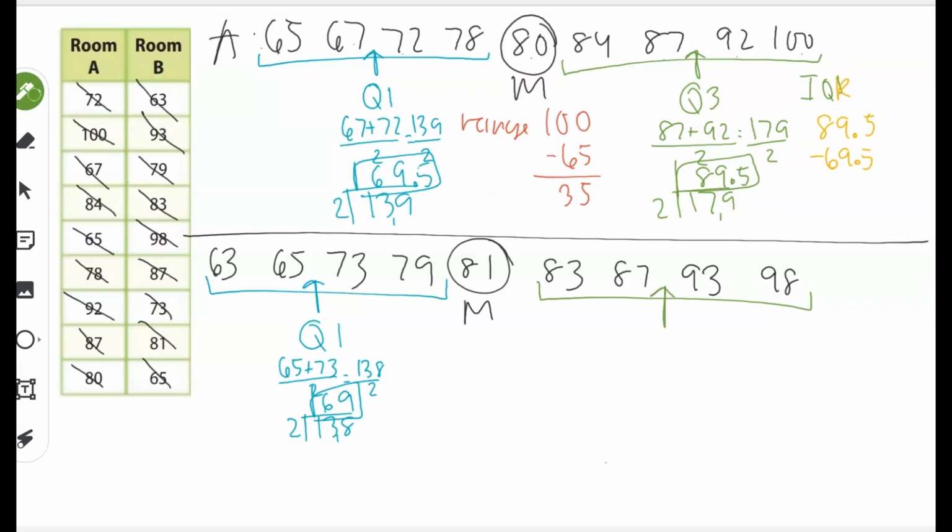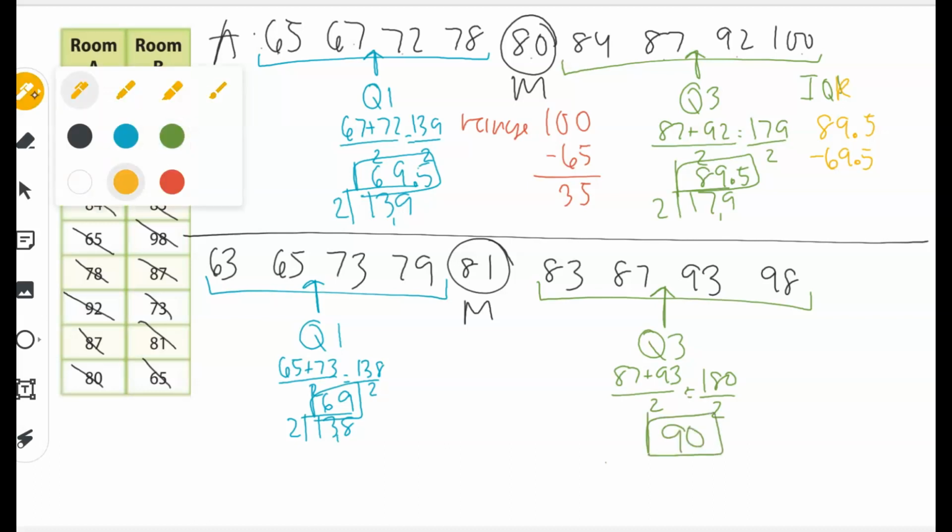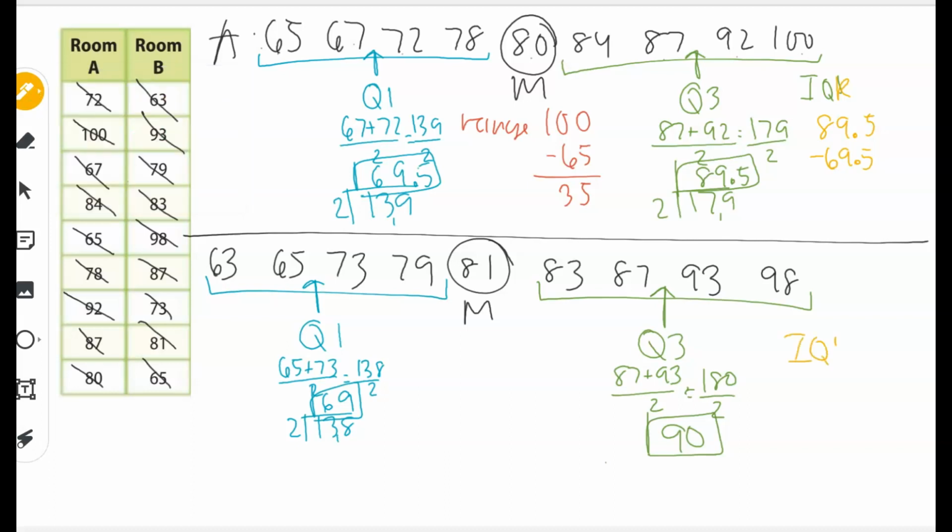And then we'll find the quartile 3, which is going to be between 87 and 93. That's going to get us 180 divided by 2, which is going to be 90. So then our interquartile range we'll find by just subtracting 90 minus 69.